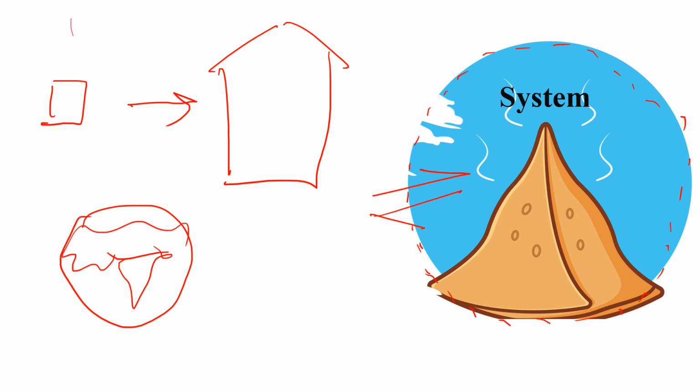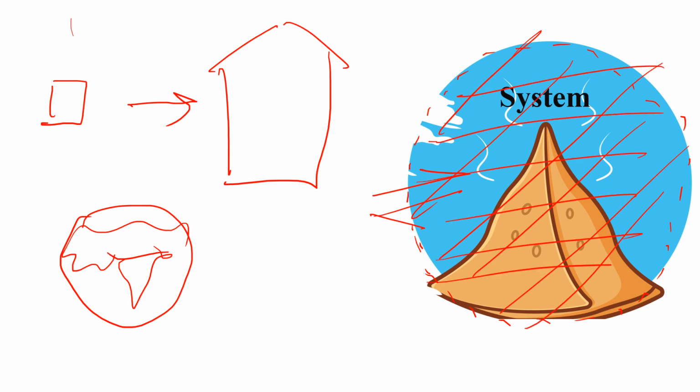Say I want to study this much of area. So this much of area will be analyzed, and this much of area will be known as system. And I have created a boundary around it, which separates the system from the surroundings, right?